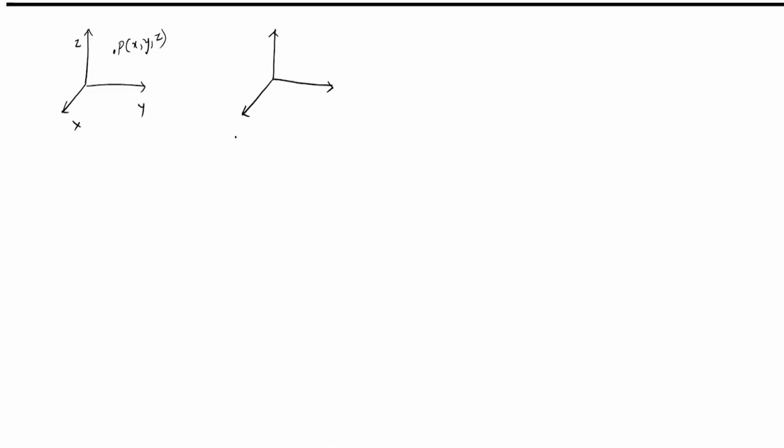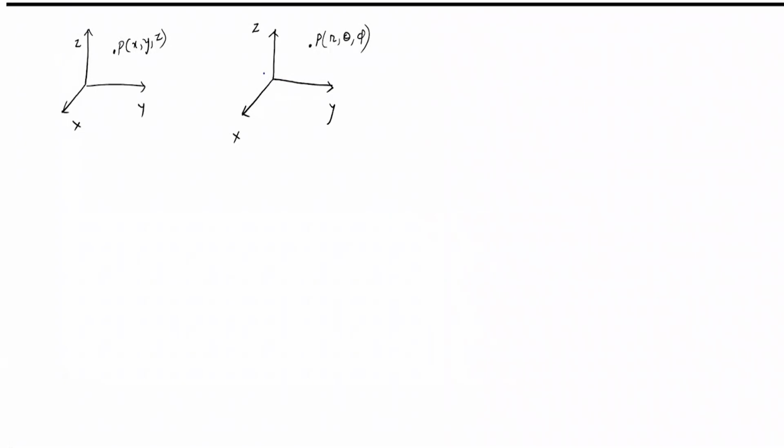Suppose this is x, y, and z, and suppose there is a point P. Then in spherical coordinates, we define this point P by using three variables, that is r, theta, and phi. Can someone tell me what is r and what is theta and what is phi?